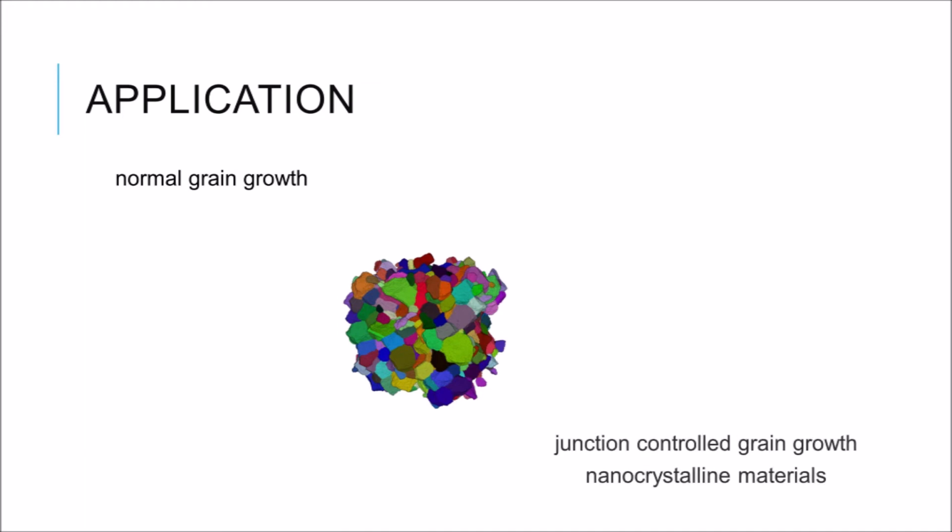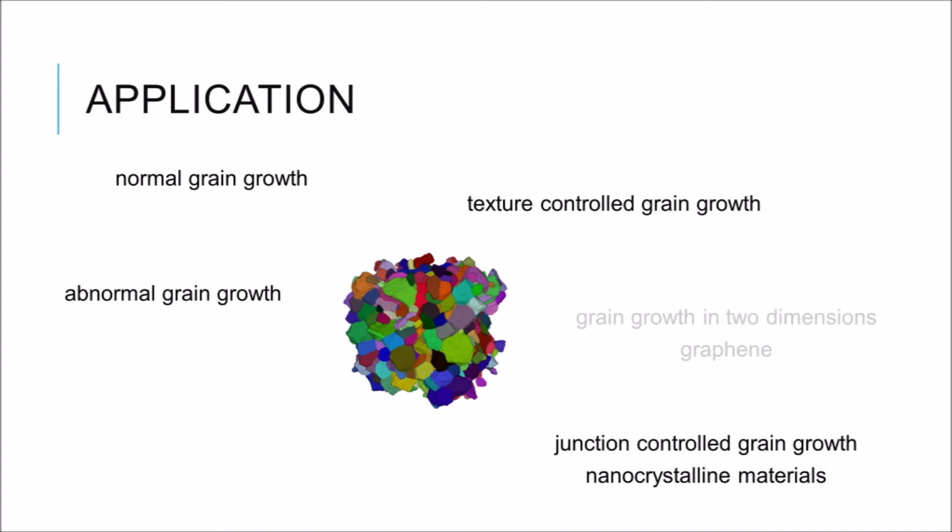But of course, you could also simulate junction-controlled grain growth, as it may appear in nanocrystalline materials. You can simulate texture-controlled grain growth, or abnormal grain growth, where just a few grains increase their size much more compared to the surrounding matrix grains.